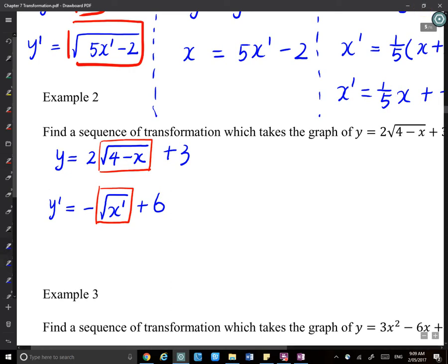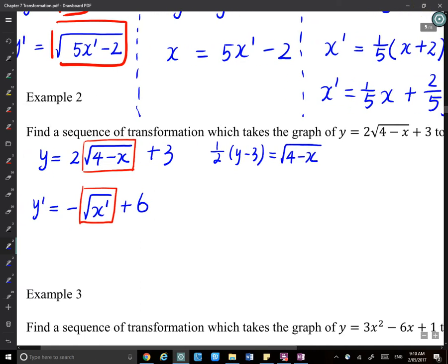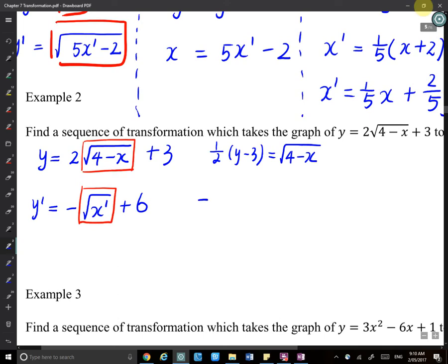So what I will have is a half y minus 3 equals square root 4 minus x, and minus y dash minus minus 6 equals square root x dash.